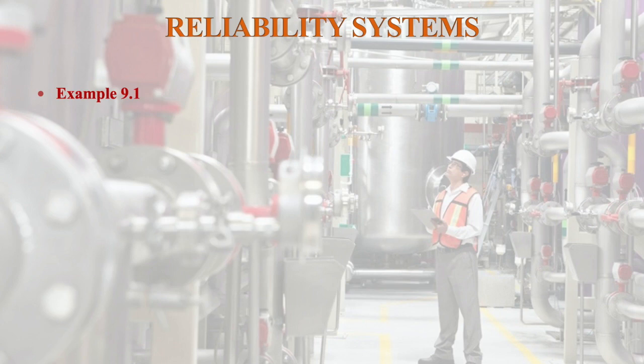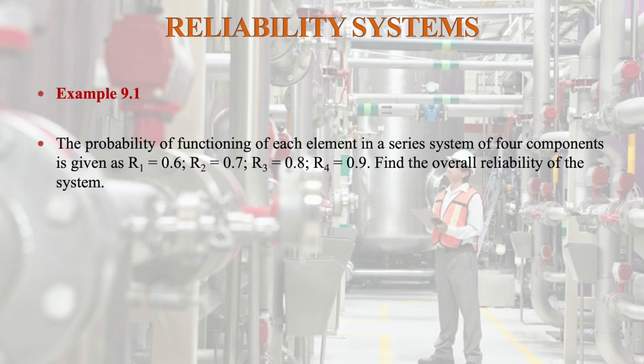Here we will consider one example, example 9.1. The probability of functioning of each element in a series system of 4 components is given as R1 is equal to 0.6, R2 is equal to 0.7, R3 is equal to 0.8 and R4 is equal to 0.9. Find the overall reliability of the system. This is one problem.